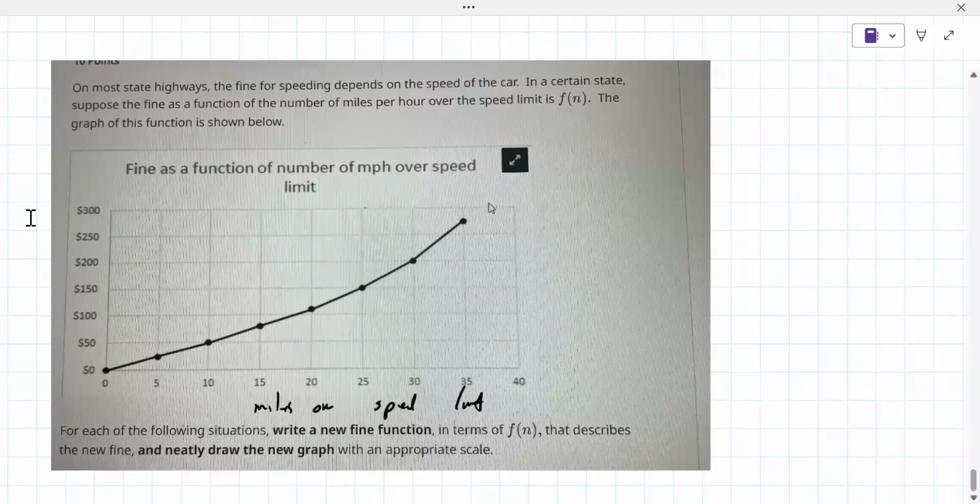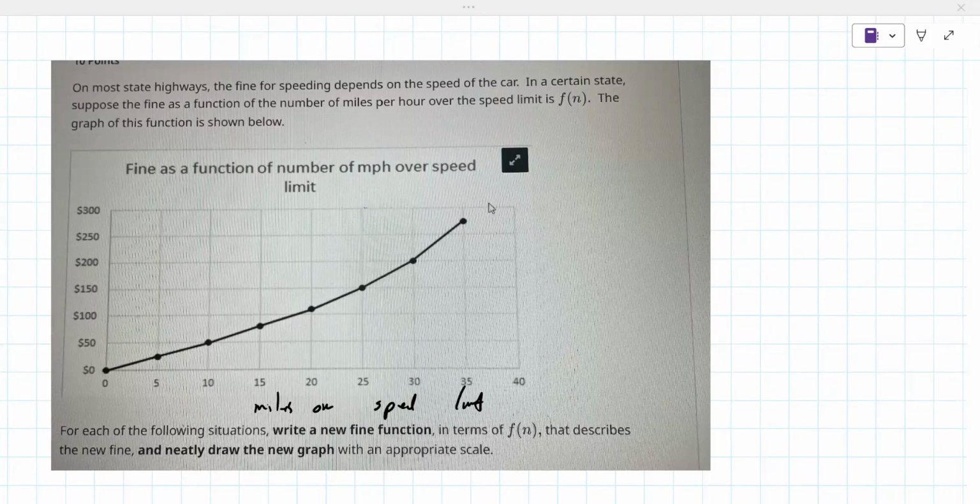If you're 0 miles an hour over, there's no fine. If you're 10 miles an hour over, it's a $50 fine. I'm sure it is much higher than that, but that is what we've got here. So now what are they asking you to do?